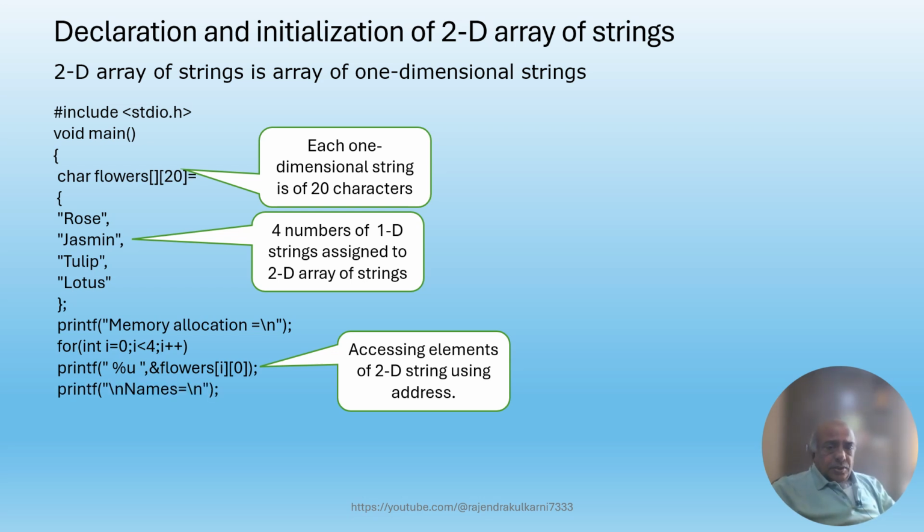So we are using addresses of individual elements of the 2D string using the notation &flowers[i][0].